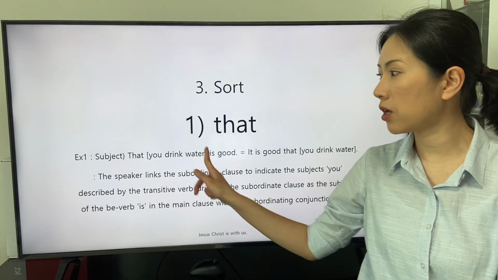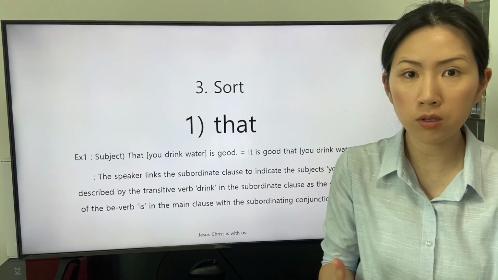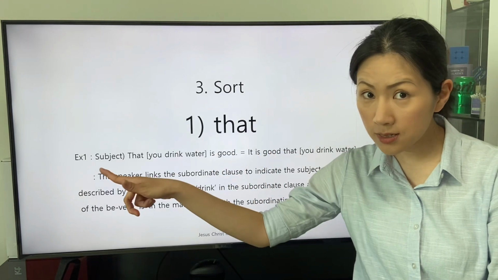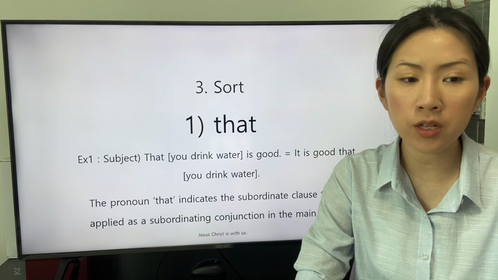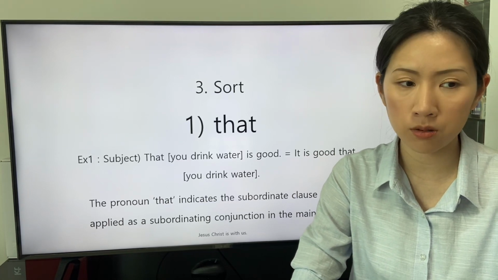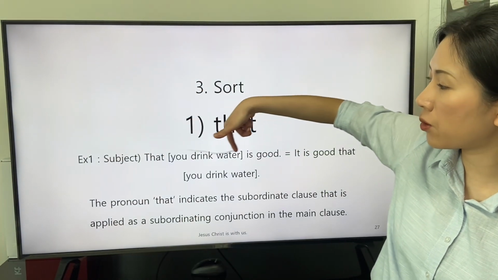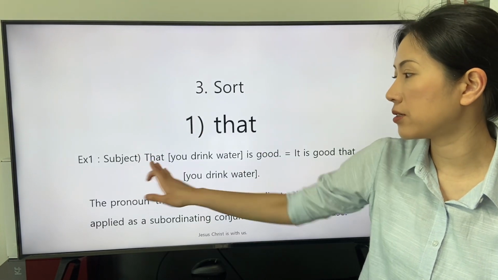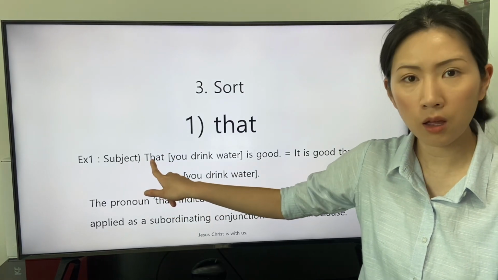So the subordinate clause, you drink water, also has the role as the subject in this main clause. The pronoun that indicates the subordinate clause that is applied as a subordinating conjunction in the main clause, and practices the role as the subject in the main clause.